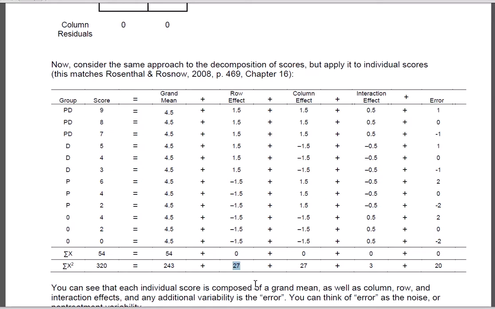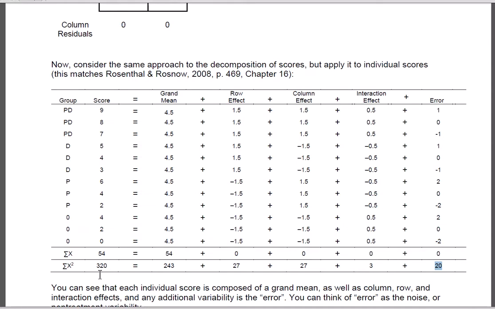If you go to the ANOVA summary table for the sum of squares for the drugs, it's 27. If you go to the ANOVA summary table for the sum of squares of psychotherapy, it's 27. The interaction sum of squares is here, and the noise, otherwise known as error, or sum of squares within, is right here. So all of these different parts work together.